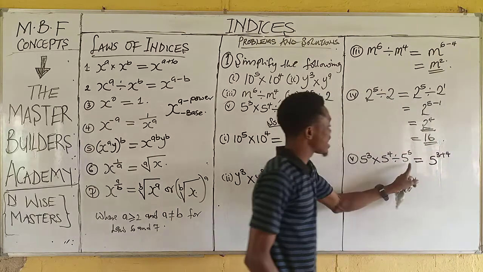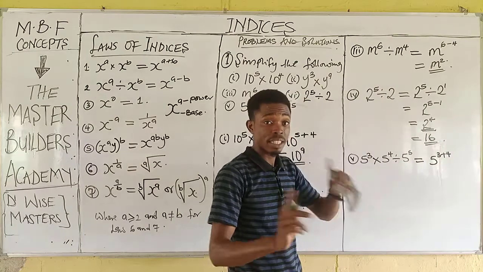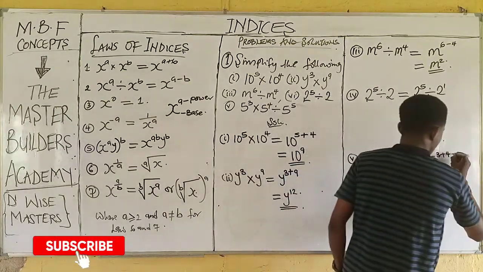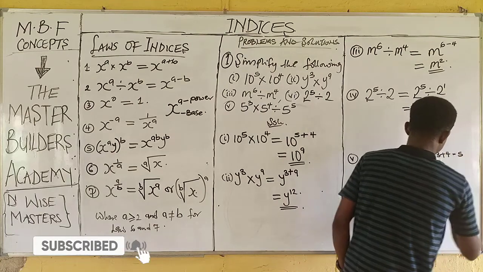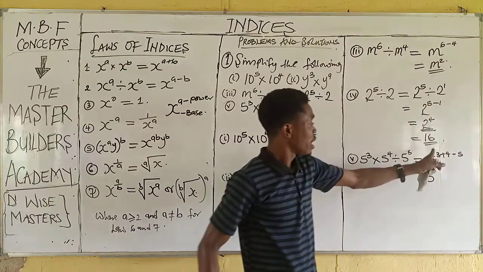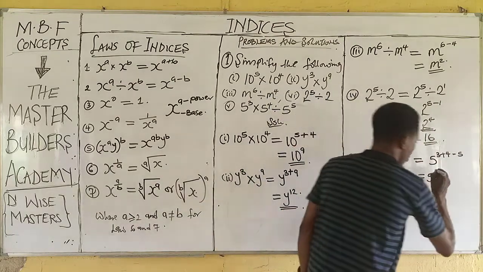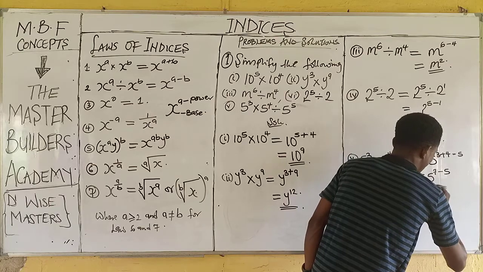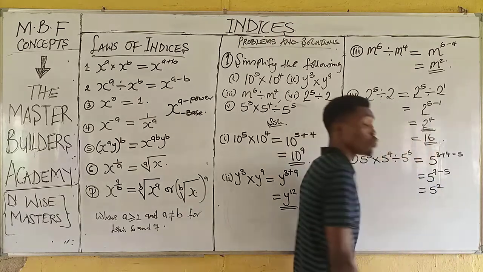Now what connects the third base to the second base? Division, and division is negative. So you have minus 5. You can decide to first of all go with the addition. 3 plus 4 would have given us 7. Then minus 5. And 7 minus 5 will give us 2.